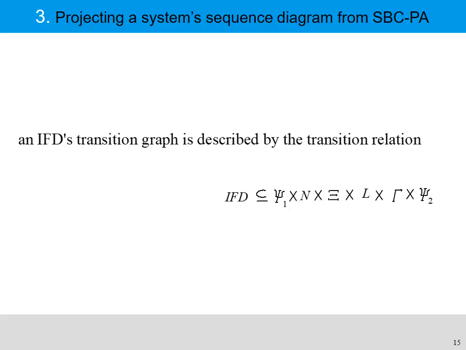Now let's go to the final chapter. Chapter 3 describes how to project a system sequence diagram from SBC process algebra. An IFD transition graph is described by the relation IFD with 6 attributes.